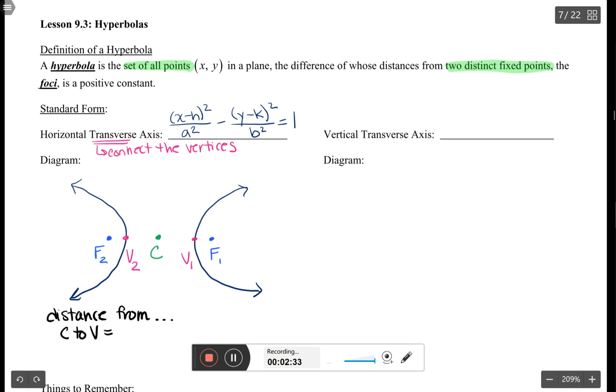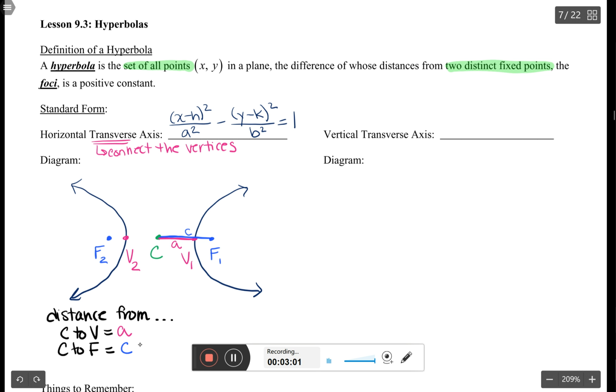That distance here, center to vertex, just like we called it in an ellipse, is A. The distance from the center to a focus point, just like in the ellipse, that length right there, is represented by C.